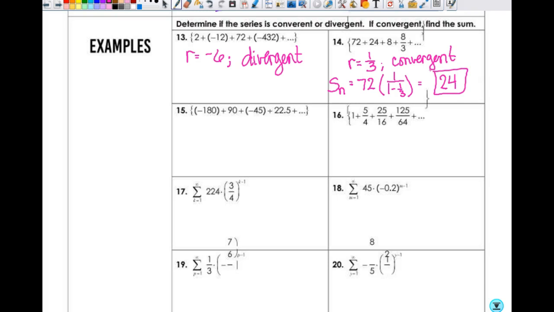$24? Nope. Okay. No, you didn't do anything wrong. I'm just using somebody else's work, and that's a mistake. Okay, 108. I trust that that's right. No, did you get 24? Oh.